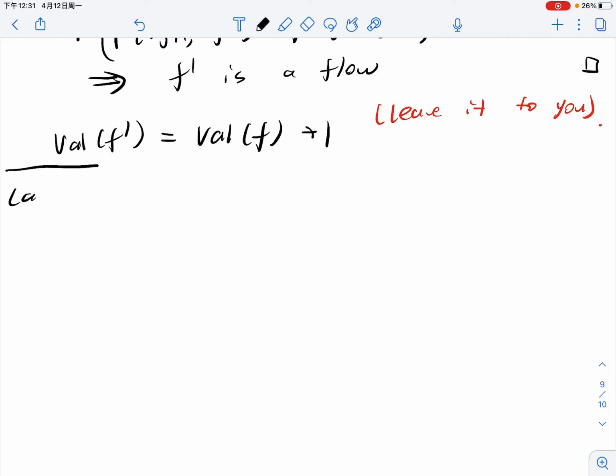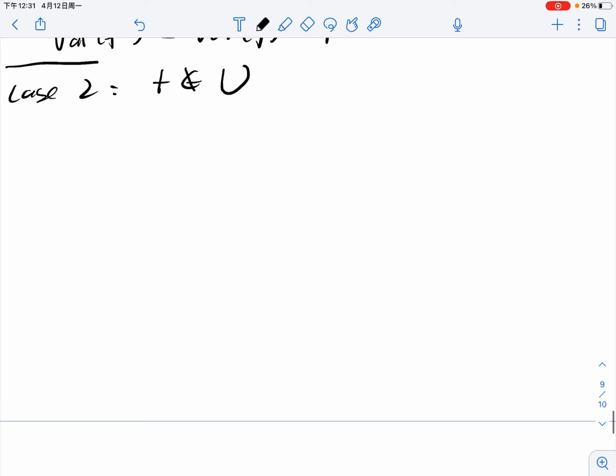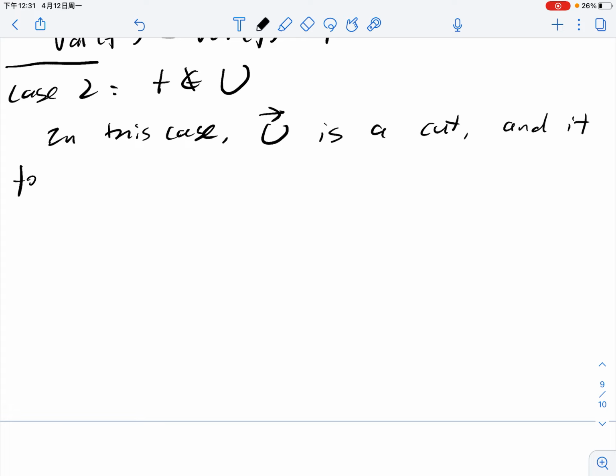Okay, and then for case 2, T is outside U. Then in this case, the leaving set U is a cut, and it follows from the algorithm because you cannot do any improvement anymore.